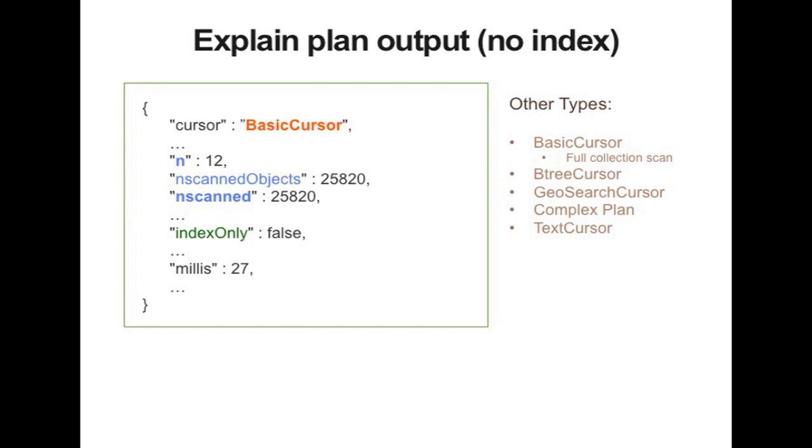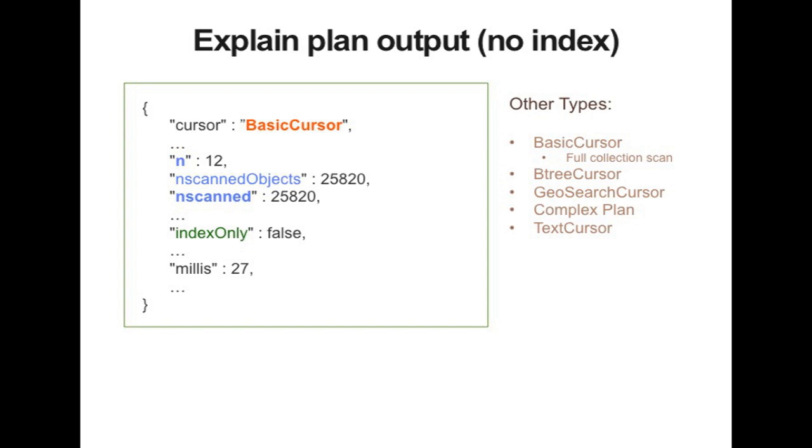Here's an example where no index is used, so this is a collection scan. The way I identify it is by the keyword in the cursor section. It shows BasicCursor. That means it's a collection scan, or full table scan in RDBMS parlance.